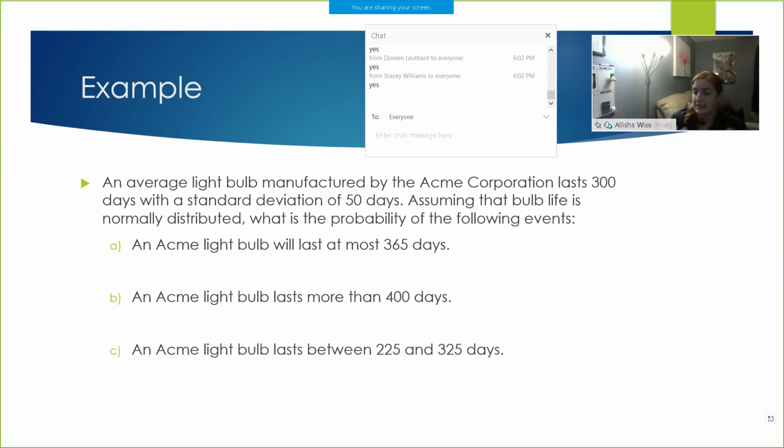So in business, the idea that you need to understand the probability of something occurring, you would use this normal distribution idea to predict that based on the average and the standard deviation of a survey of items. So in this case, they're looking at light bulbs and they're saying, okay, I know the average lifespan of a light bulb is 300 days. Average means mean, so I know that means the mean is 300.